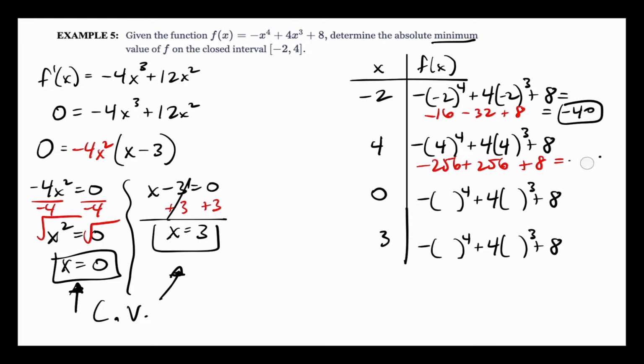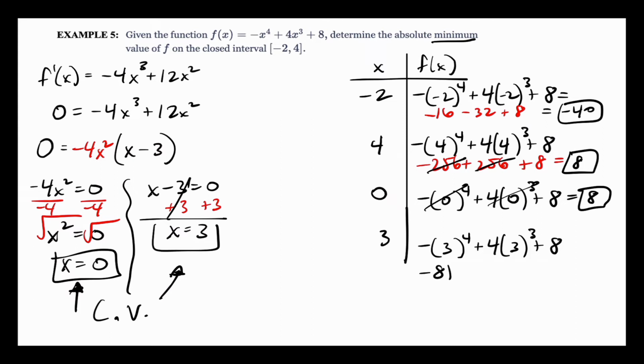Nice. So they cancel out. 256, 256. So it just leaves 8. Okay. 0. 0 is nice because everything cancels out. So you get 8. Then +3. So +3, 81. So this is -81 plus another 81 plus 8.